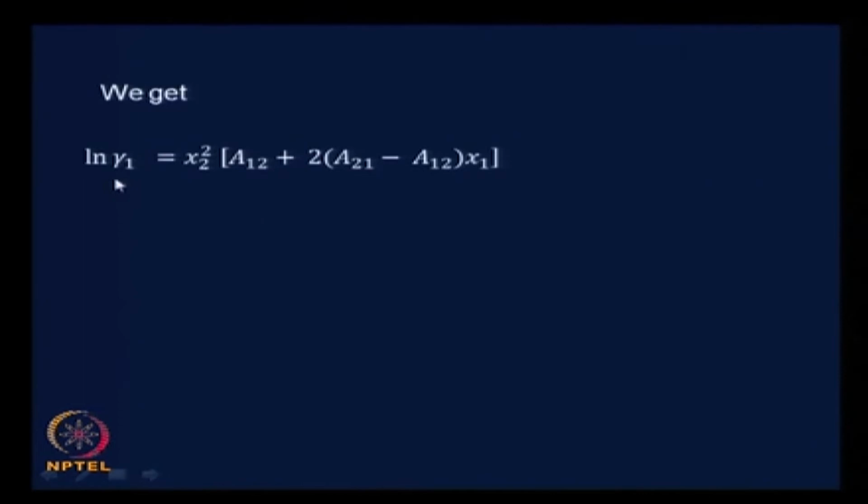This is how we can get an estimate of gamma 1 if we know a12 and a21 as a function of the mole fractions x1 and x2.